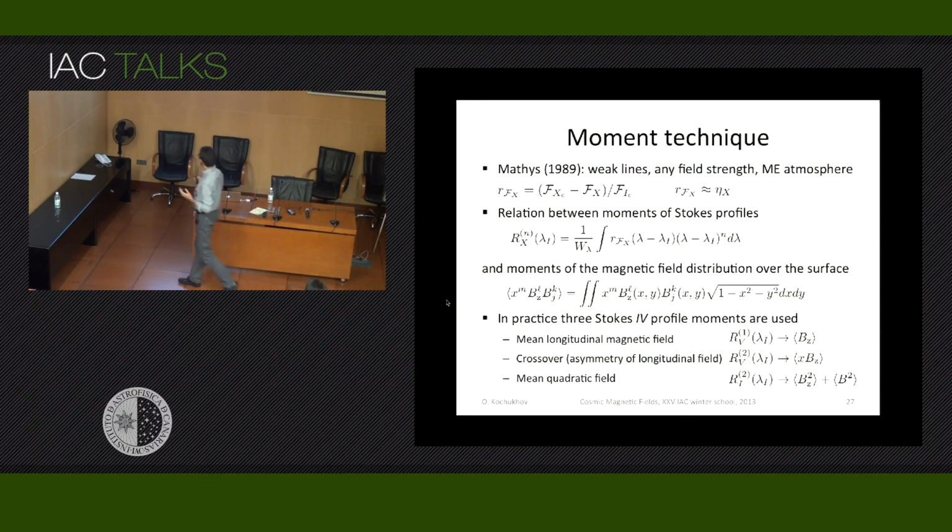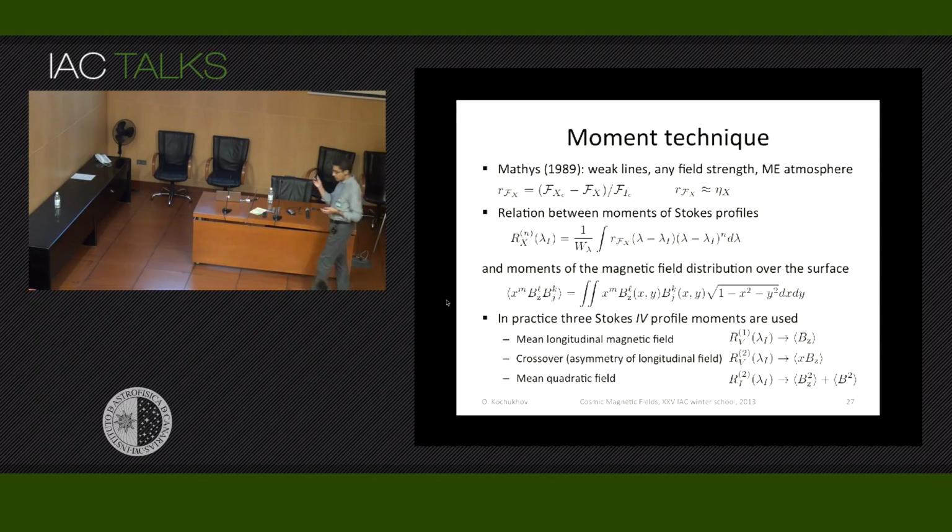So Bz is the component of the magnetic field along the line of sight, and Bj is one of the two components that define the field projection perpendicular to the line of sight. These formulas are completely general, but in reality, only 3 moments have been systematically used. From the first moment of Stokes V, one can establish what is known as the mean longitudinal magnetic field.